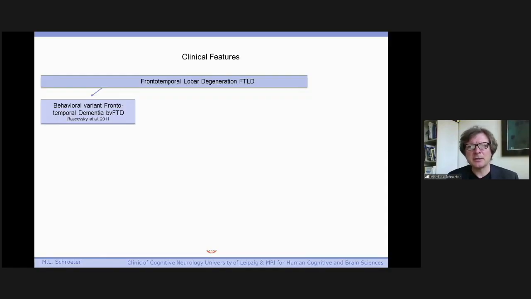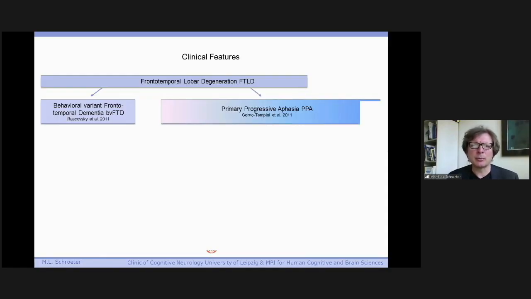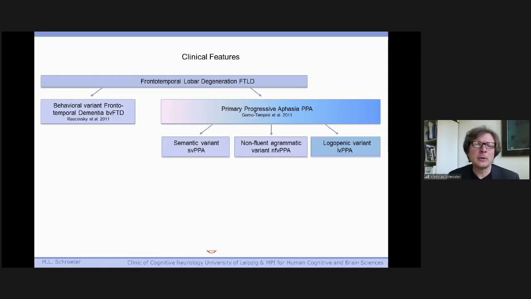And on the other hand, we have so-called primary progressive aphasias affecting mainly language functions, 3 different subtypes, one fluent variant, the so-called semantic variant PPA, and on the other hand, 2 non-fluent variants. In particular, this is non-fluent agrammatic variant PPA and logopenic variant PPA.